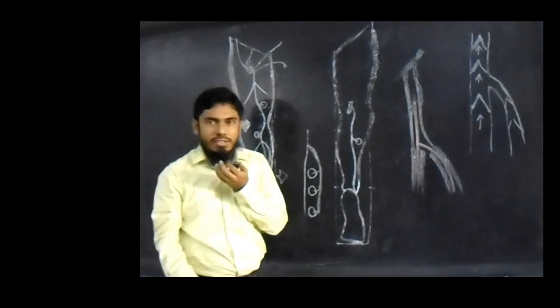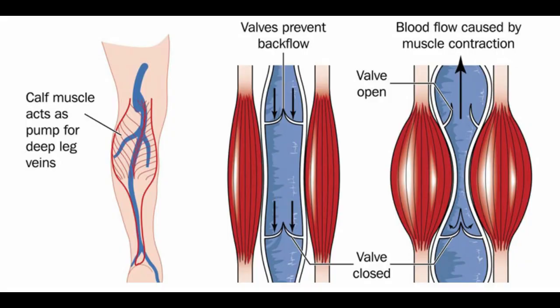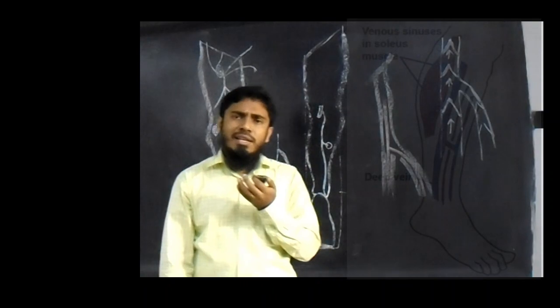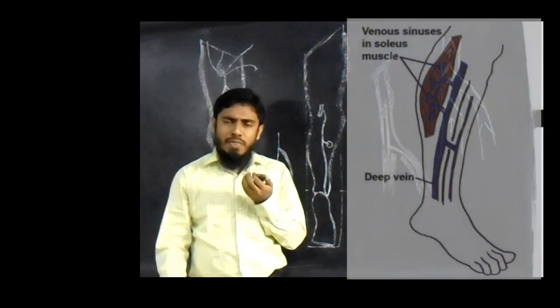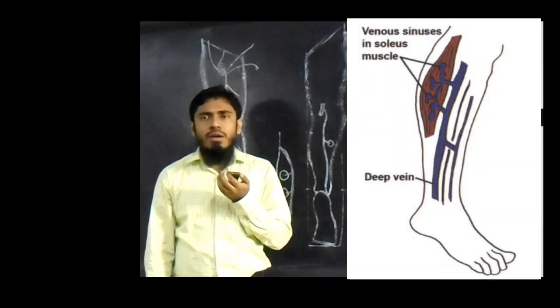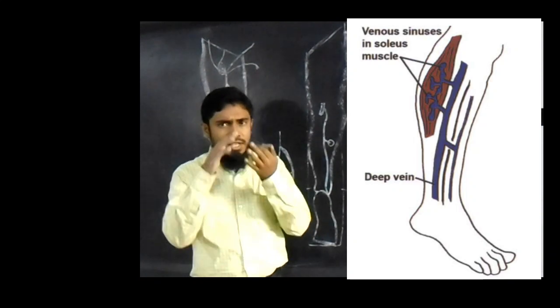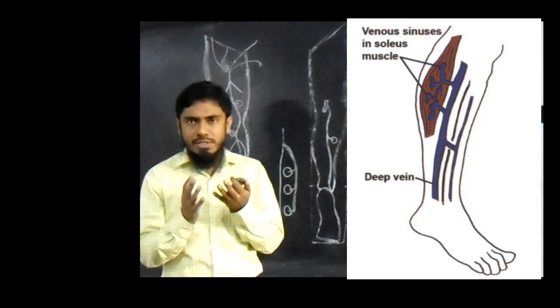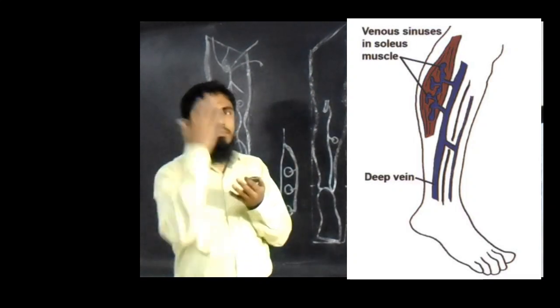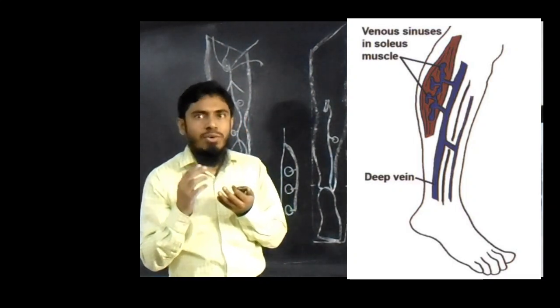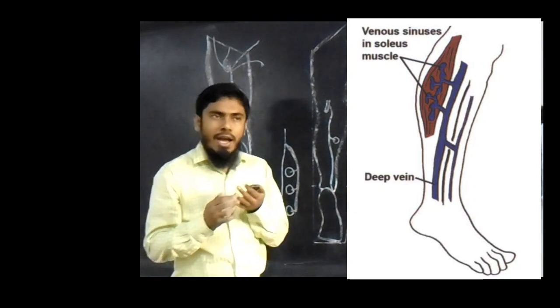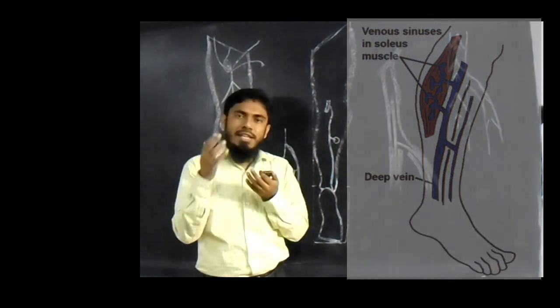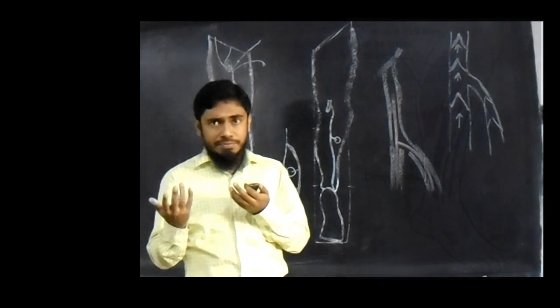There are some other factors. Those are the action of the surrounding muscles, and in some muscles there are venous sinuses also, like the soleus. So when the soleus contracts, the blood remaining in the soleus muscle will go up through the deep vein towards the heart, isn't it? And then when it relaxes, the sinus will fill with blood again.